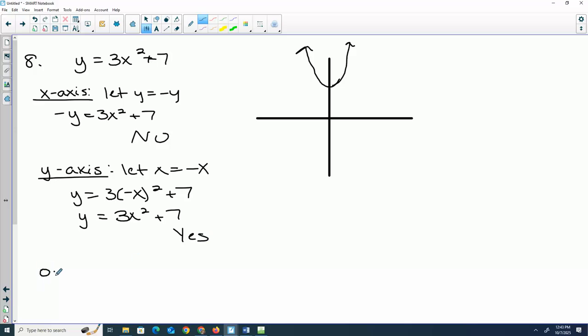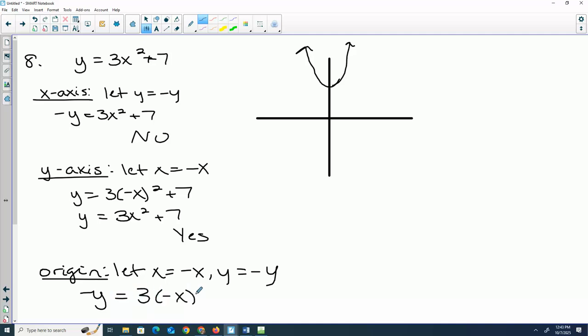How do we check origin? So you have negative y equals 3 times negative x squared plus 7. So the negative on the x goes away, but the y does not. So that one is a no. So, on the test, you should be able to do that.